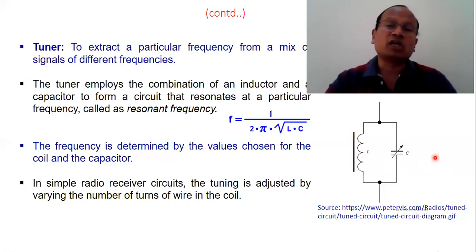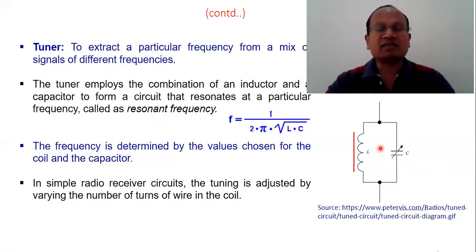This tuner will tune to a certain frequency called the resonant frequency. How do we actually determine the value of the resonant frequency? f = 1 by 2 pi square root of LC, where L is the inductance and C is the value of capacitance. And remember, when we vary capacitance or when we vary inductance, this resonant frequency will change.